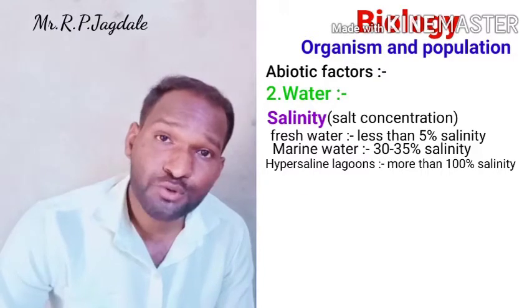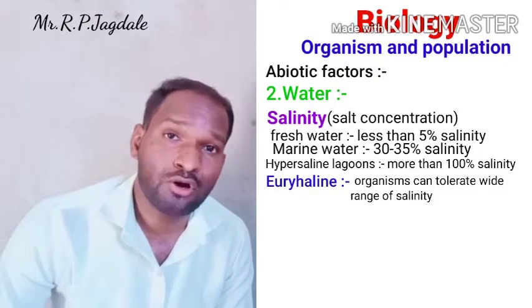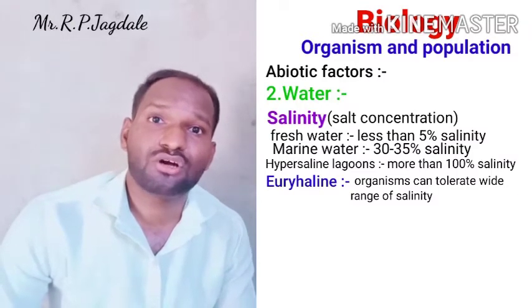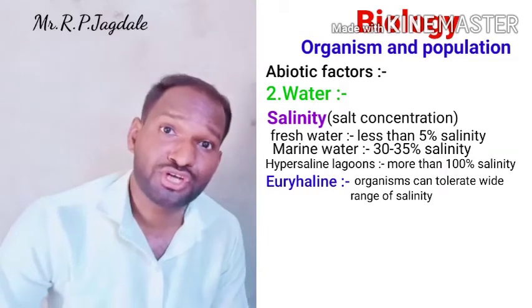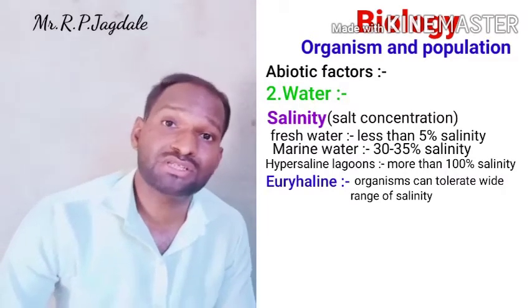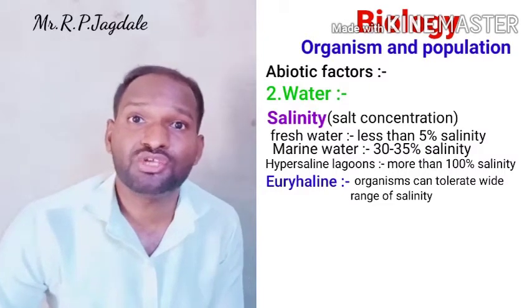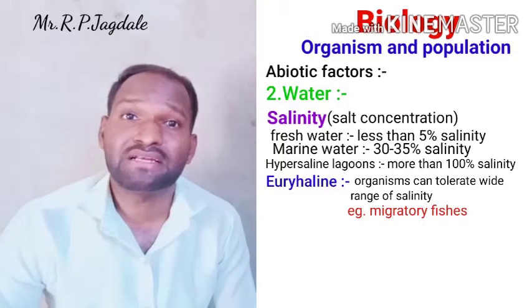Now what is euryhaline? Euryhaline organisms are those which can tolerate a wide range of salinity. That means the organisms which can live from 5% to 35% are considered euryhaline. For example, the migratory fishes.